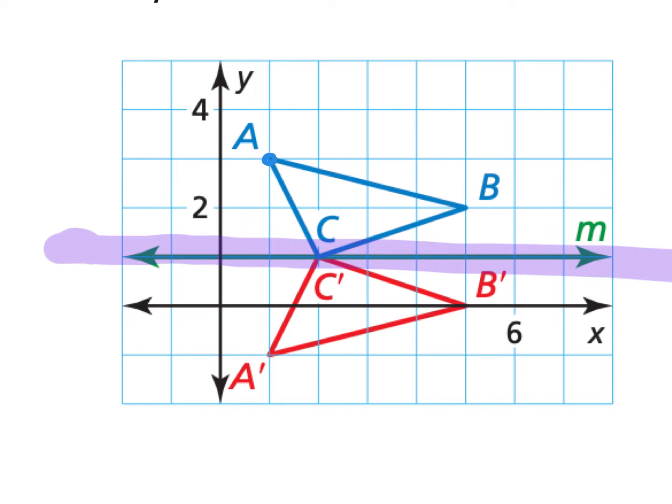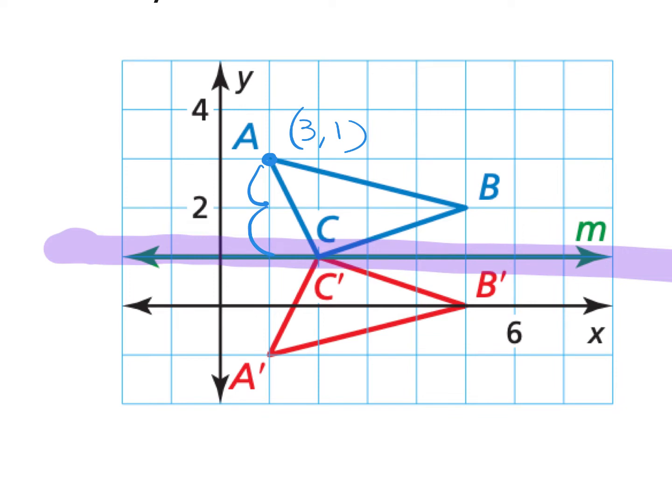notice the ordered pair A up here is the ordered pair 3, positive 1. Notice that this ordered pair is 2 spaces away from my line of reflection.